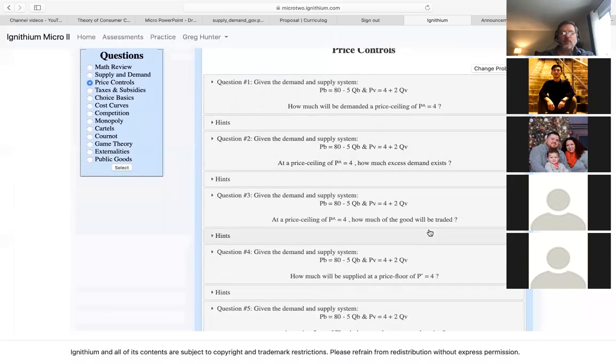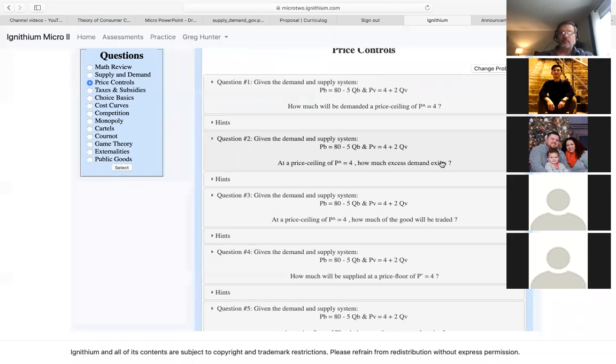So let's go ahead and take a look at number three. We're not going to solve it right now, but just to get the language down. Number two says, how much excess demand exists. For excess demand with the price ceiling, you've got to know if it's binding or not, and then calculate the difference between quantity demanded and quantity supplied.